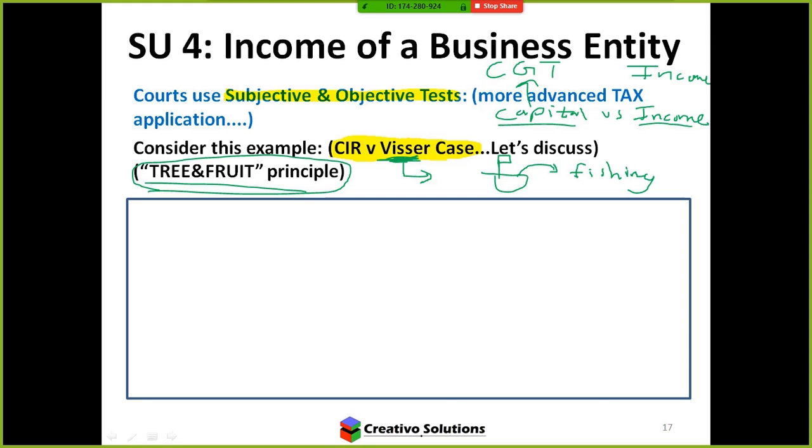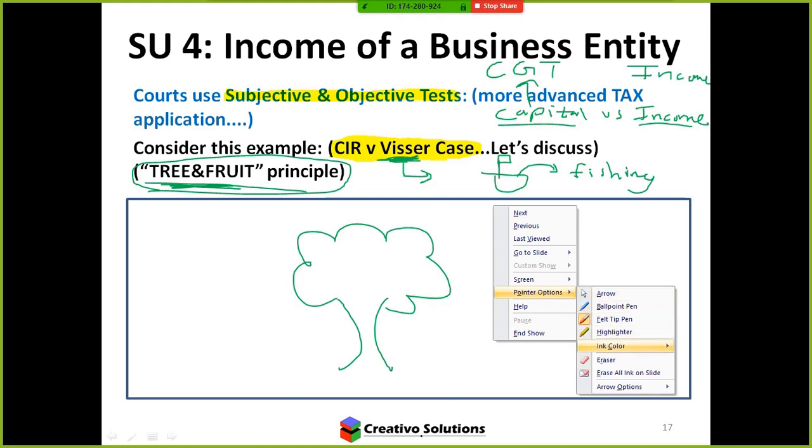This is a very important distinguishing case because the case actually talked about this. If you go read the details of the case, you'll see they talk about this principle, the tree and fruit principle. So here's the tree, and then here's the fruits.